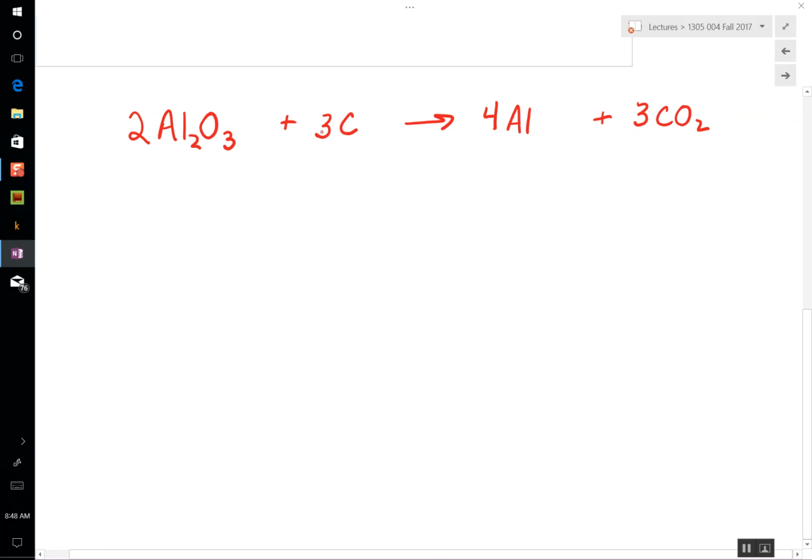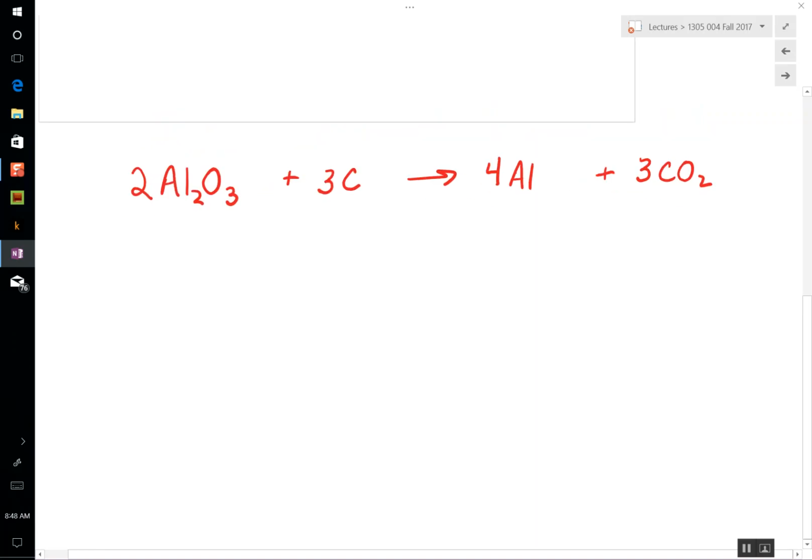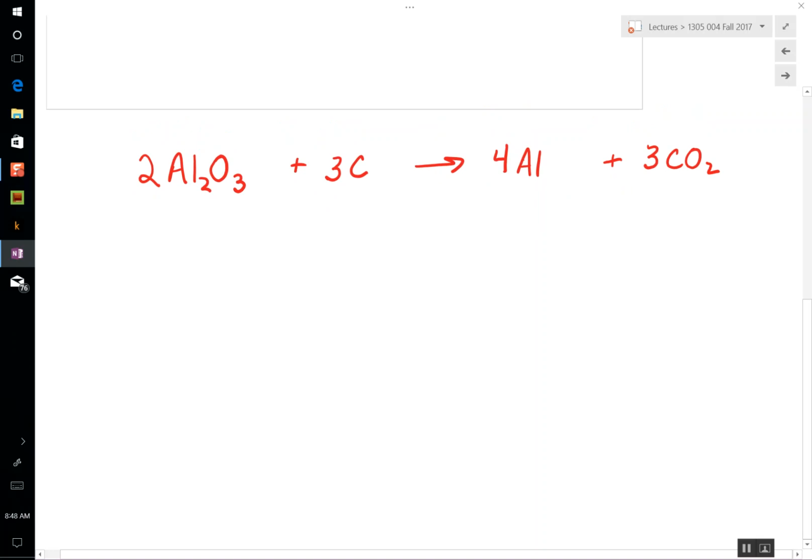A bunch of different coefficients. We got to this point where we said this is reading 2 moles of this reacts with 3 moles of this to form 4 moles of this and 3 moles of this.